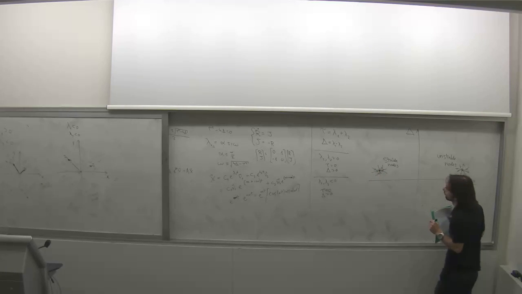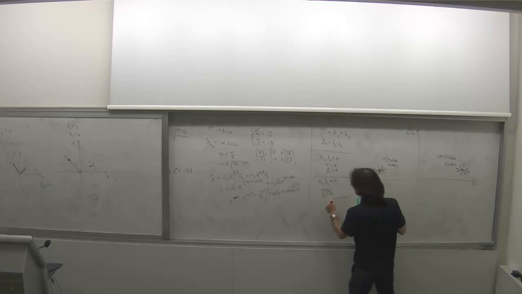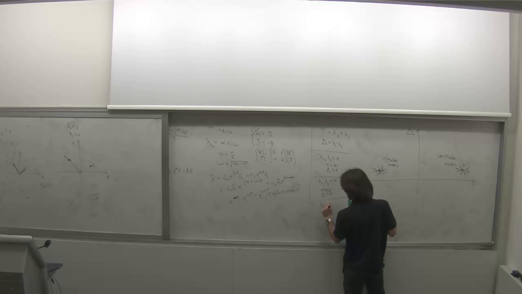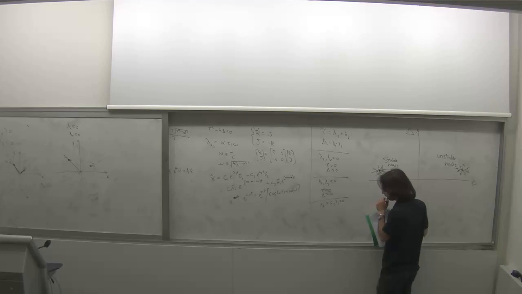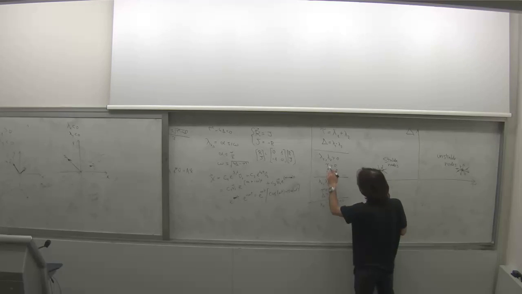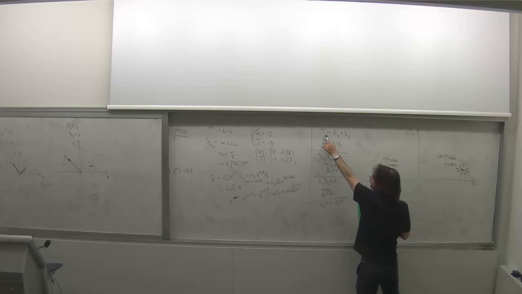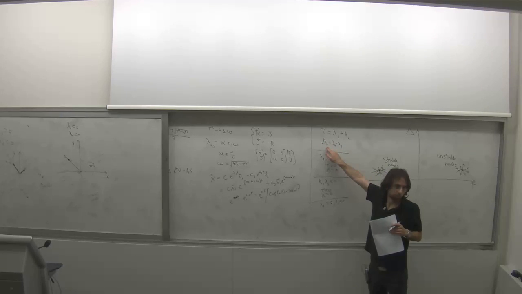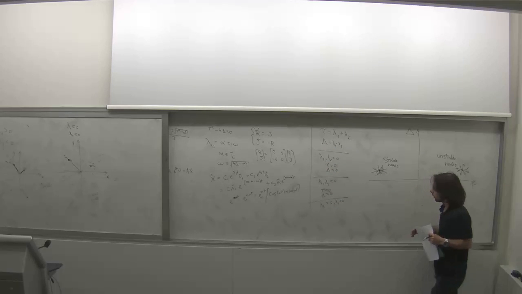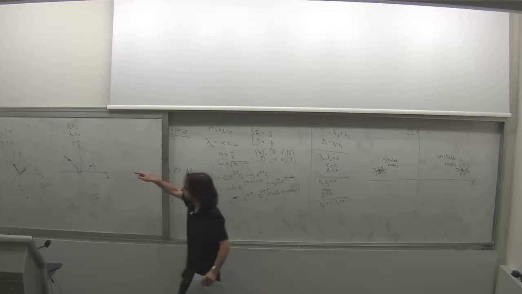Now what happens if lambda 1 is positive, lambda 2 is negative, or vice versa, right? It doesn't matter. So we don't know anything about tau yet, but we know that delta must be negative. And this is the case that we saw here.